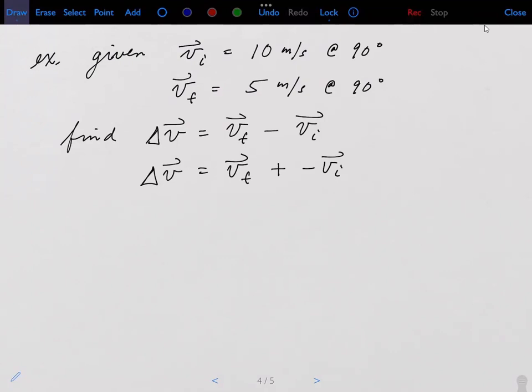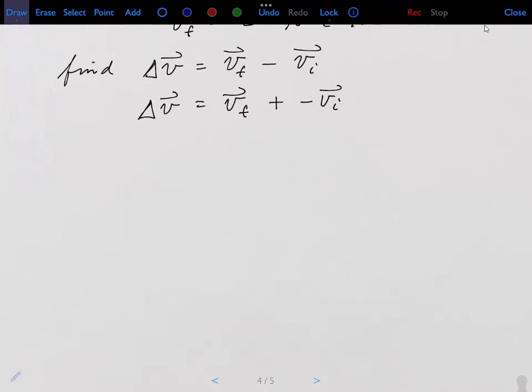So if we actually sketch this out, so basically v initial, right, is 10 meters per second at 90 degrees. So that's going to be like straight up like this. And then v final is also at 90 degrees, so it's straight up, and it's going to be 5, right?